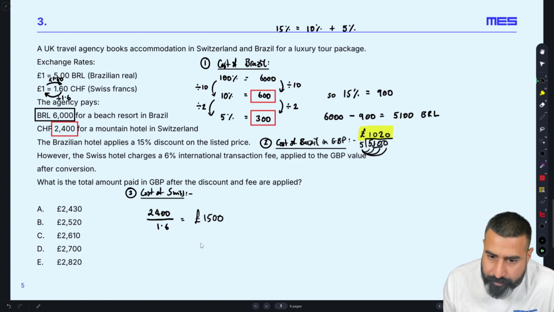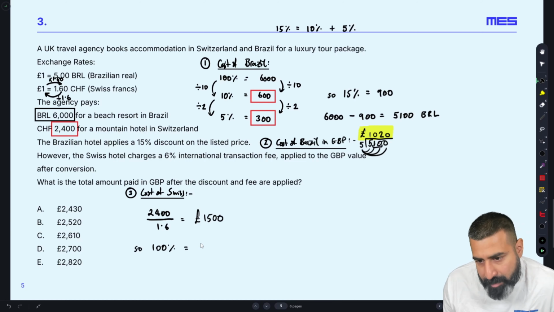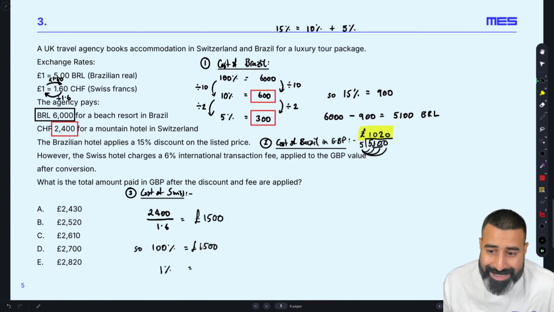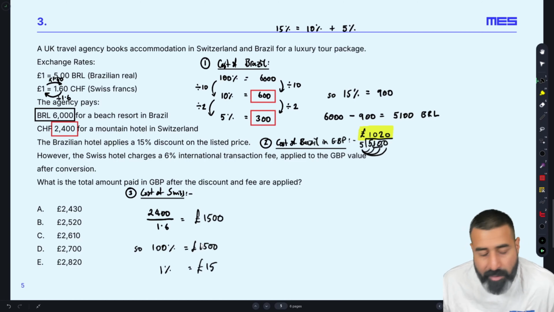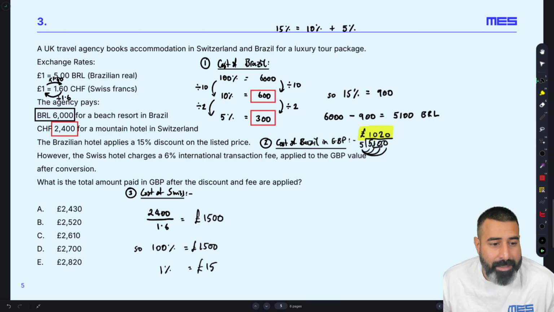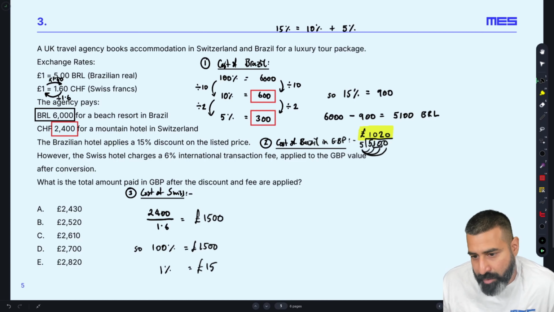So 100% is equal to 1500 pounds. Let's work out what 1% is by dividing by 100 on both sides. So 1% is equal to 15. Okay, so then what we're going to do, and we'll go up here.